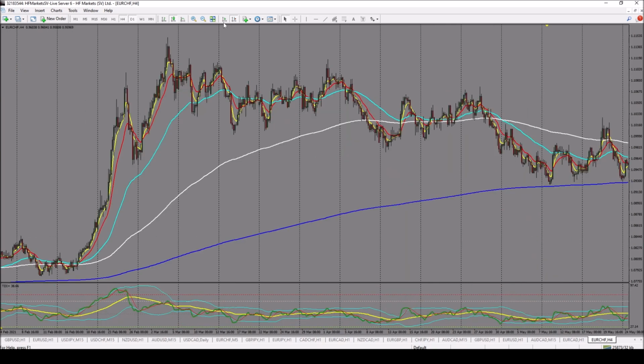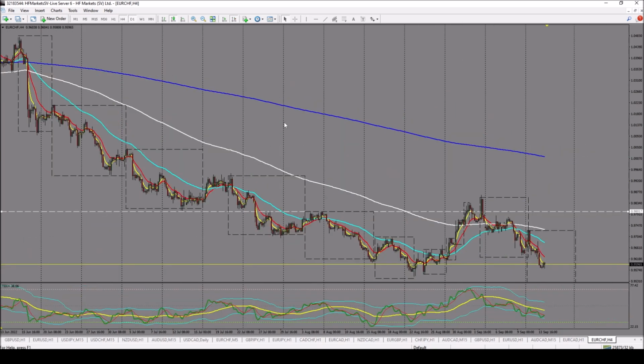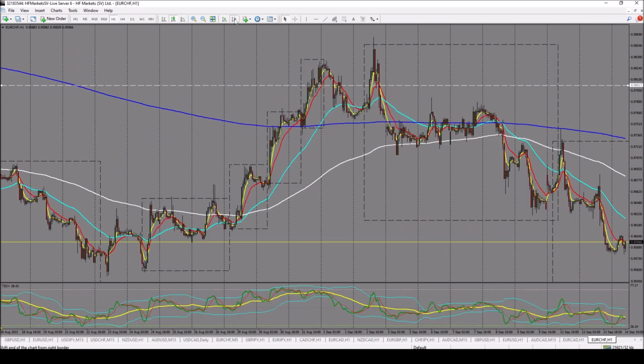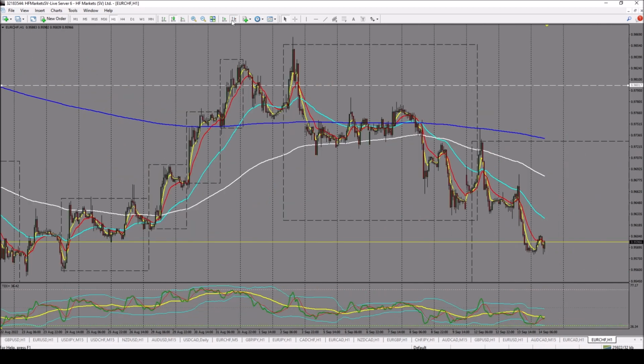So what is the next thing? The next thing is to verify if this is what is happening on the smaller time frames. Let's go on the H1 time frame to see if one H4 level has three H1 levels. In this case, let me change my color.